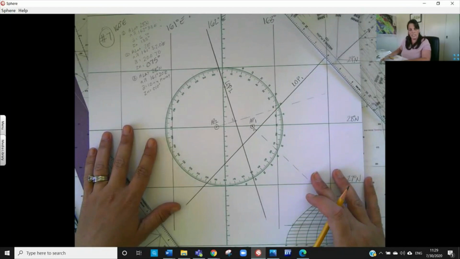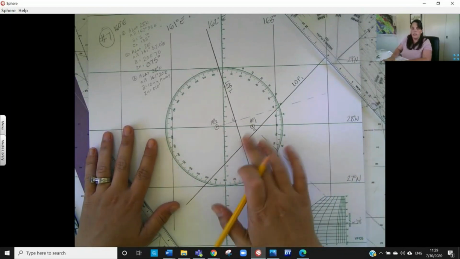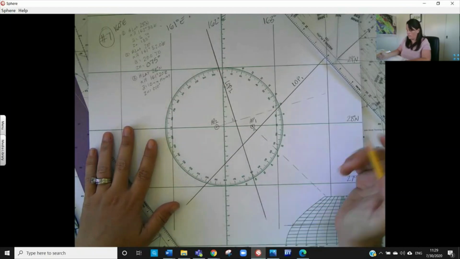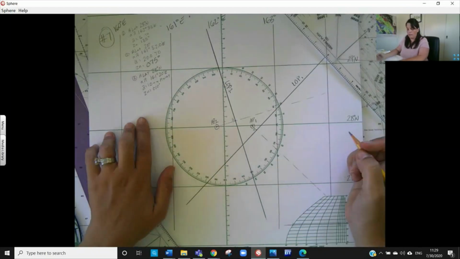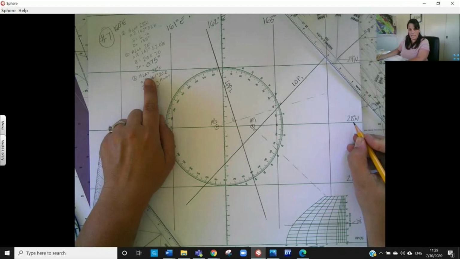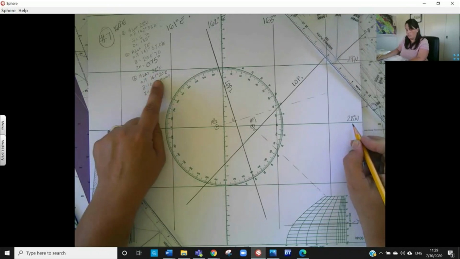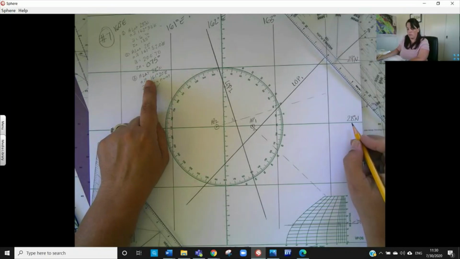So we're hoping that LOP number 3 confirms that this is where we are. Okay, so let's plot LOP number 3. We have an assumed latitude of 28 degrees, and our assumed longitude is 161.20 east. That was a correction on the homework, so it's 161.20 degrees east.